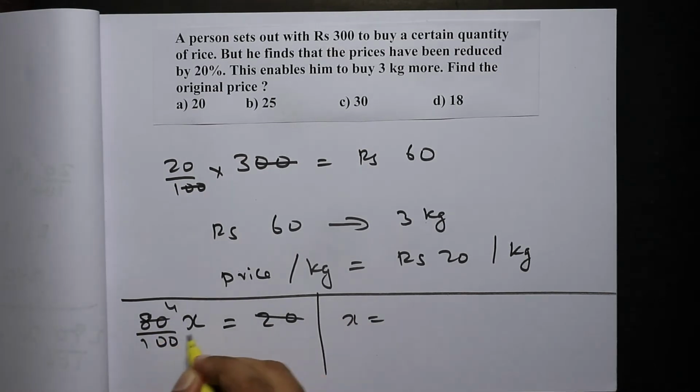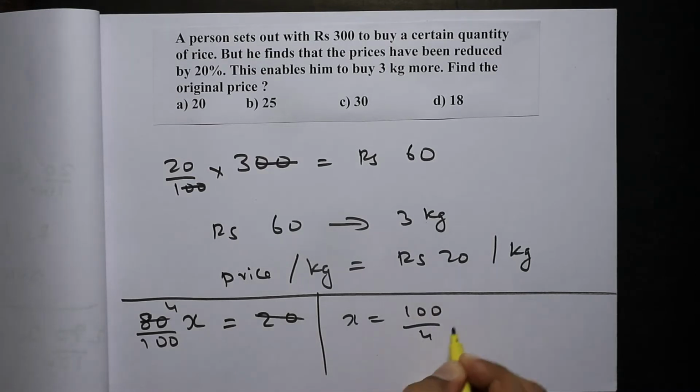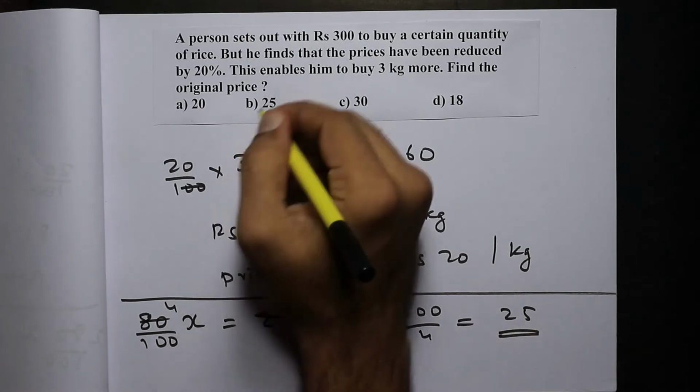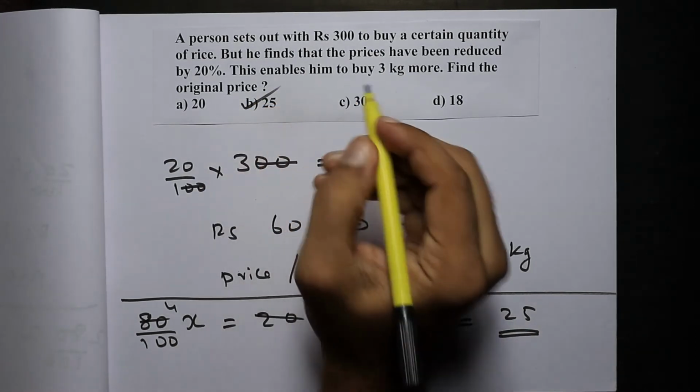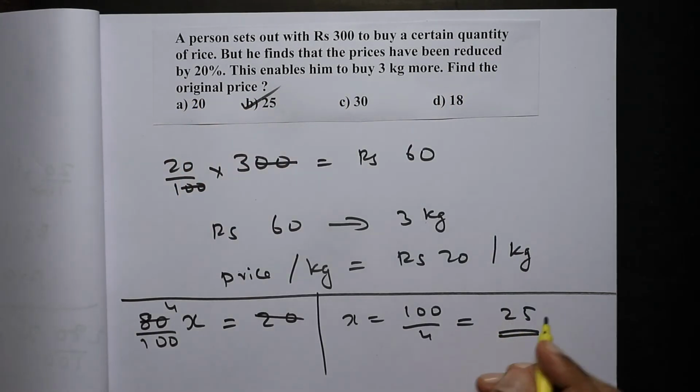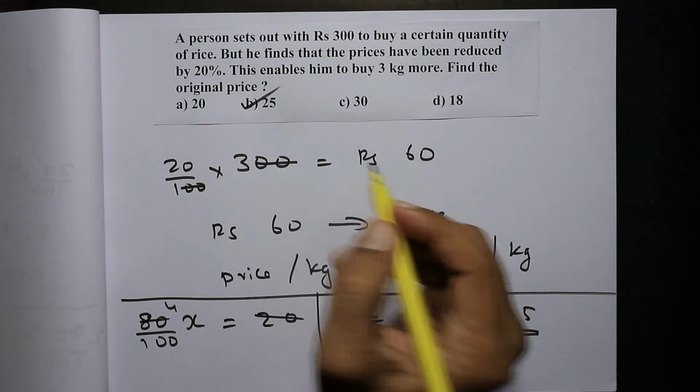So X you will get as 100 by 4. So 100 by 4 is rupees 25. X was the original price, that is rupees 25. Hence option B, 25 is the right answer. That is, find the original price. Original price is 25 and after the 20% reduction it became 20. So original price is 25, option B, 25.